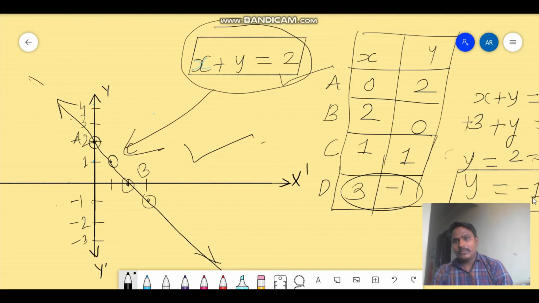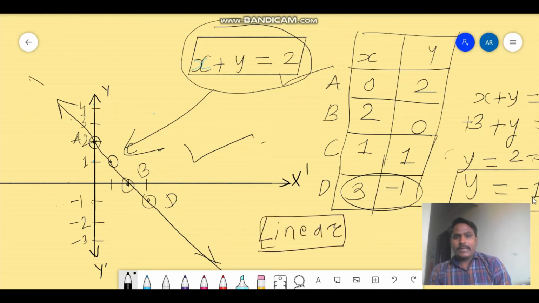If you observe here, A, B, C, D are collinear points, in a single line, and that is why they are called linear equations, because their graph is nothing but a line, and from line the word linear is derived. And since there are two variables, it is a linear equation in two variables, because the graph of the equation is a straight line. Similarly, you can solve many examples using graphs also.